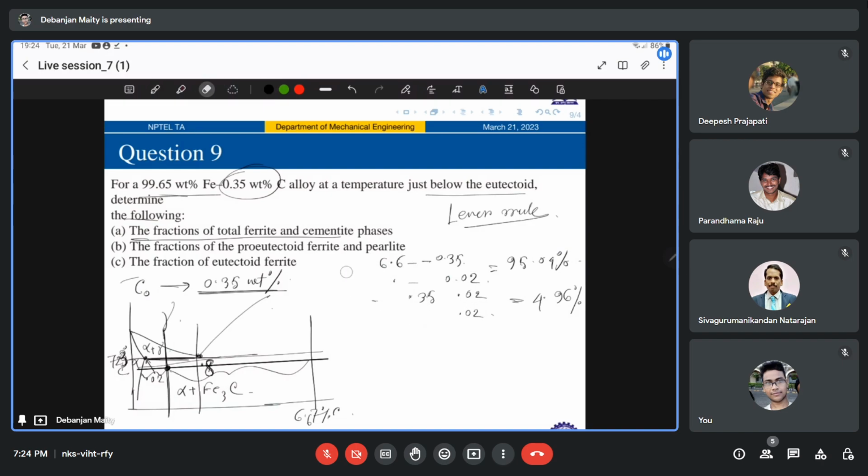Coming to the next question, it asks us to find the fraction of pro-eutectoid ferrite and pearlite. So how can you find out the pro-eutectoid ferrite and pearlite?